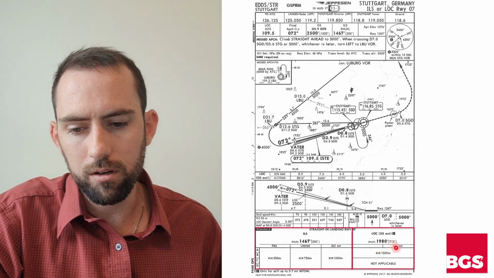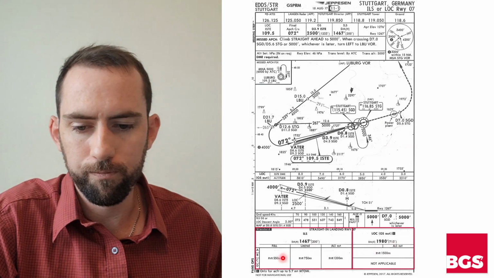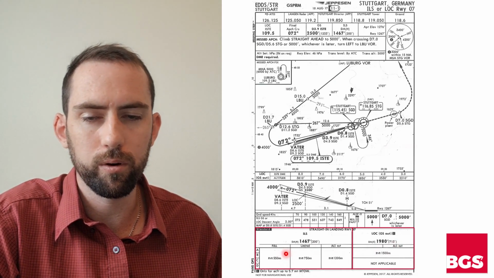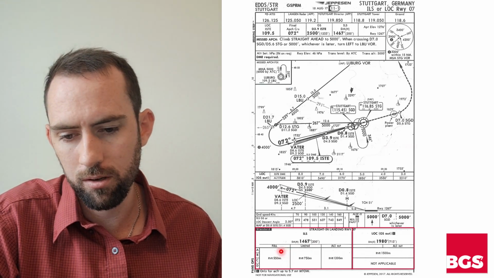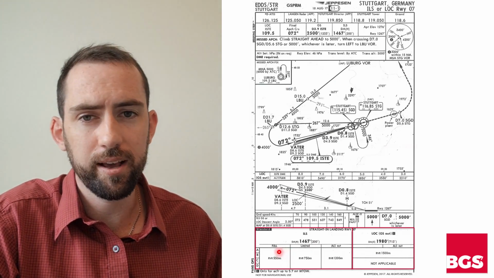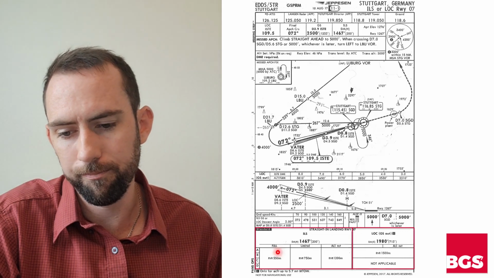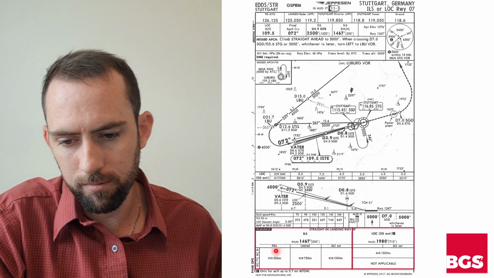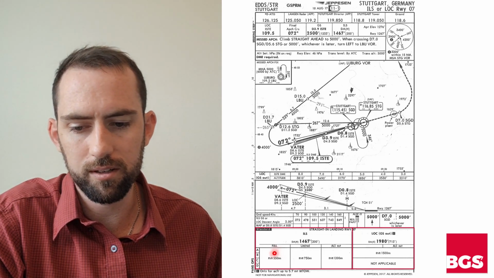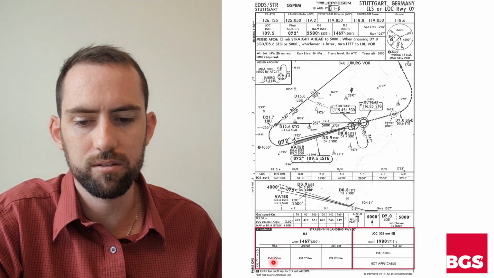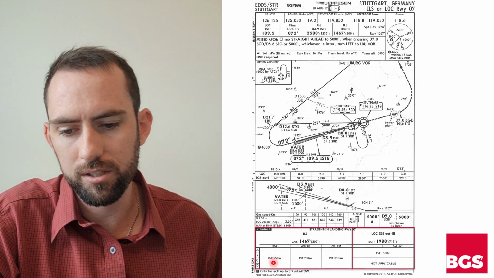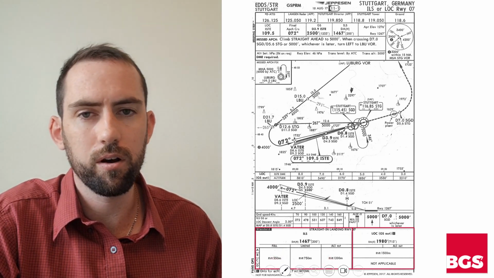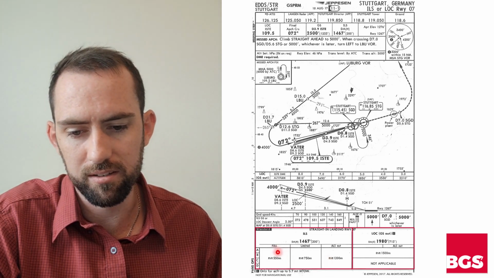And the RVR that you require for the approach is going to be based on your aircraft categorization and the functionality of the approach lighting system. So you can see that the category of aircraft is not going to have an impact on the RVR, but if you've got the full approach lighting system, you require an RVR of 550 meters.